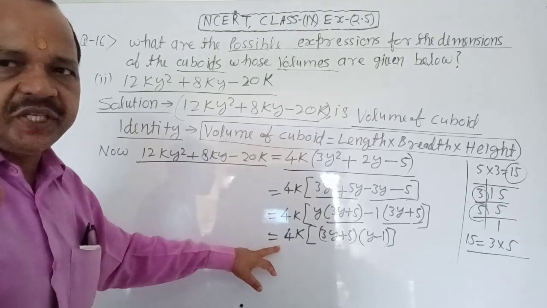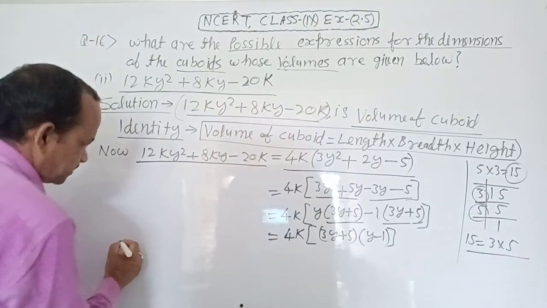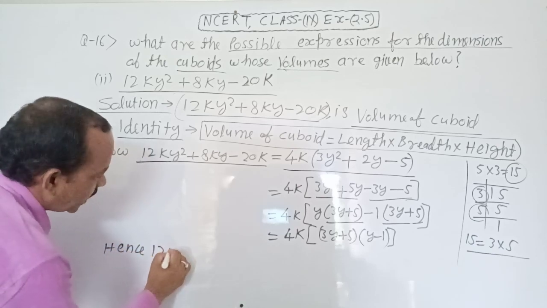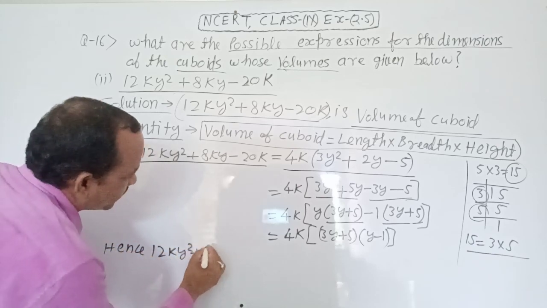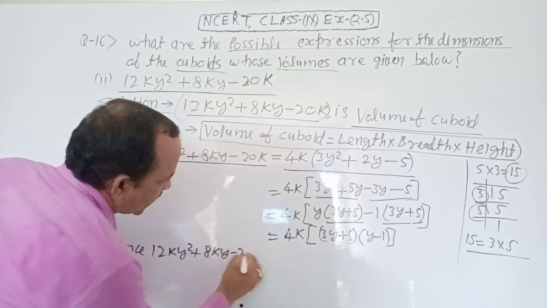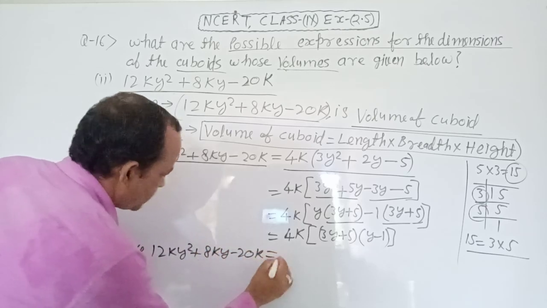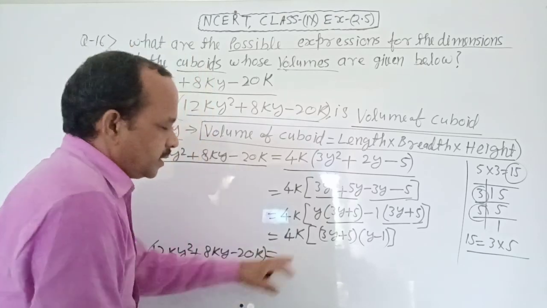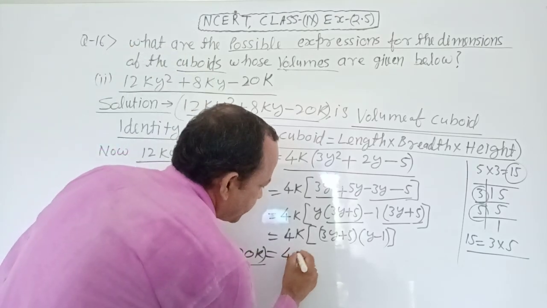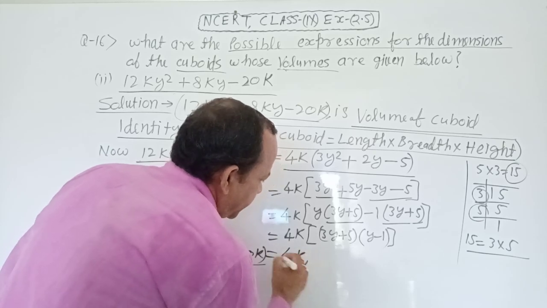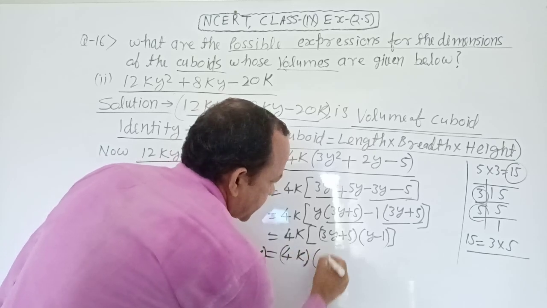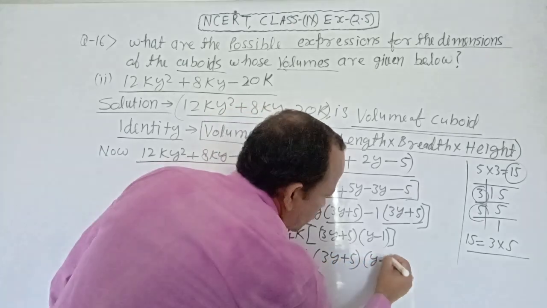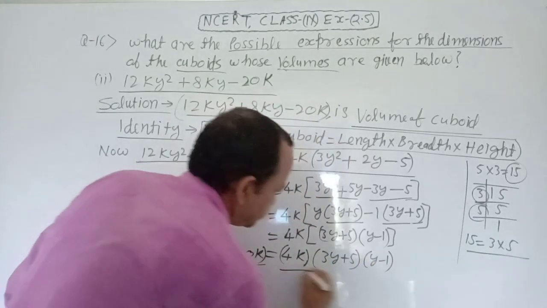No confusion about it? Very good. Hence 12ky square plus 8ky minus 20k equals: in first brackets 4k, in second brackets 3y plus 5, in third brackets y minus 1.